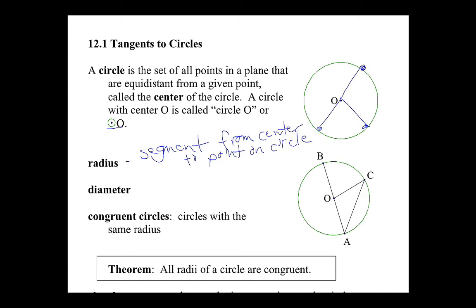And then a diameter is a segment from a point on the circle to another point on the circle, but it has to go through the center.